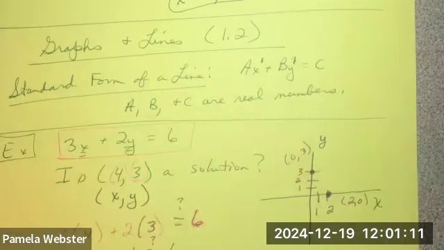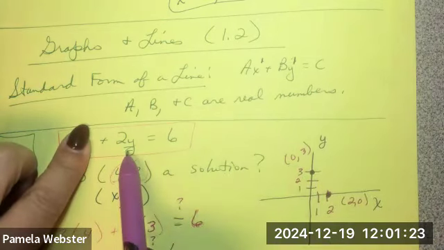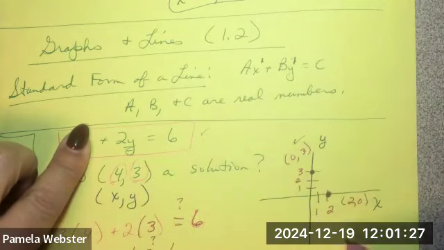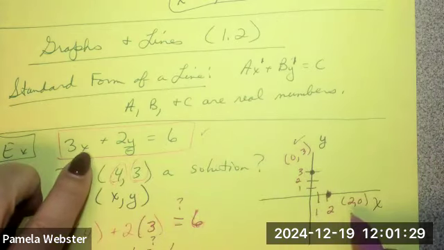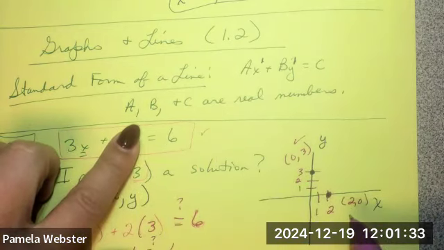And so now I have 2 points that are solutions on this graph. A solution is some spot where this is a true statement. So again, plug it in. 0 times 3 is 0. 2 times 3 is 6. Does 6 equal 6? Yep, that guy works. 2 times 3 is 6. Yep, plus 0 times 2. 6 equals 6. Yep, that guy works.